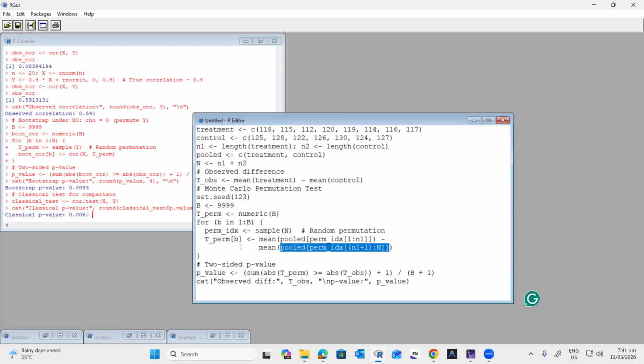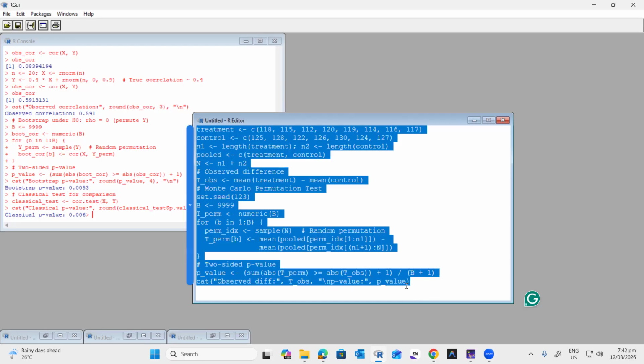After that we are going to calculate the p values. The two-sided p value we calculate as the sum of the indicator that the absolute T permutation is greater than or equal to the absolute value of T observed, plus 1, divided by B plus 1. We call the observed difference T observed and the P value.